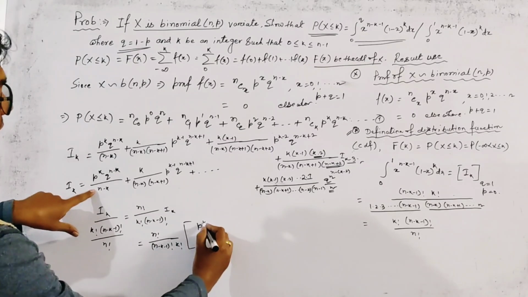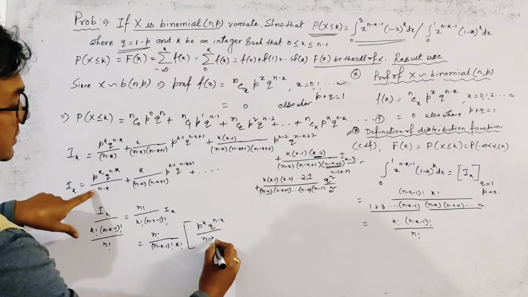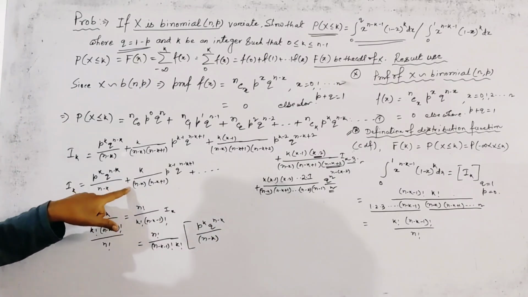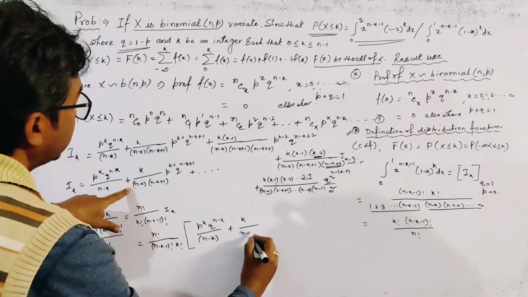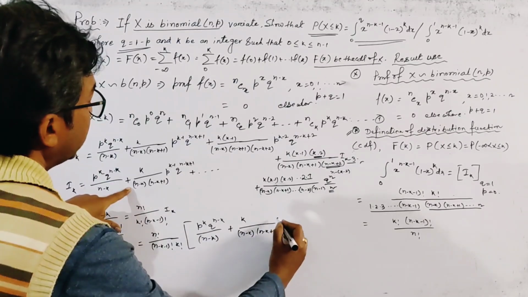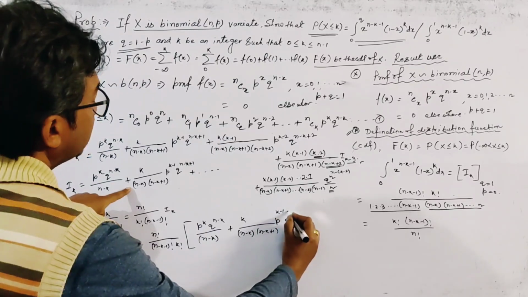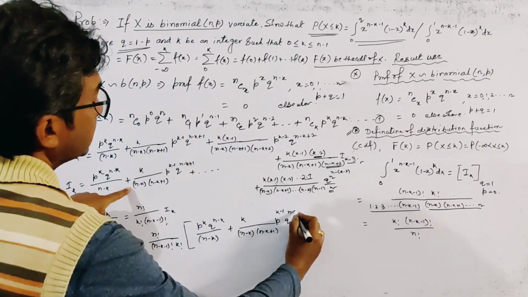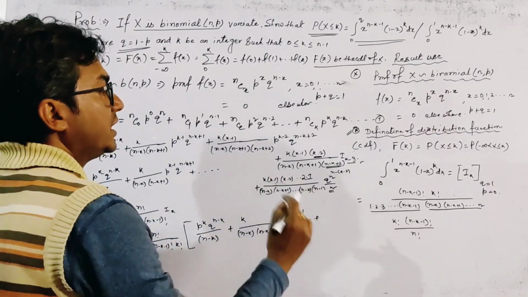This is p to the power k, q to the power n minus k by n minus k. The second term is k by n minus k into n minus k plus 1 into p to the power k minus 1 into q to the power n minus k plus 1, and similarly we write the last term here.